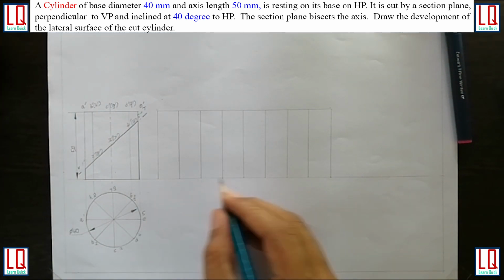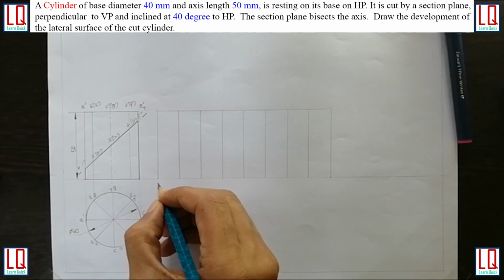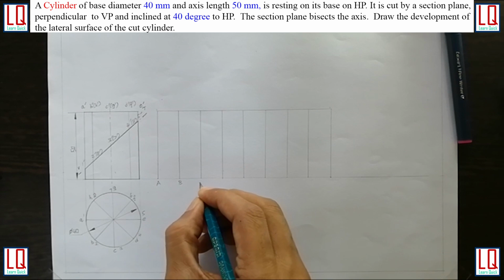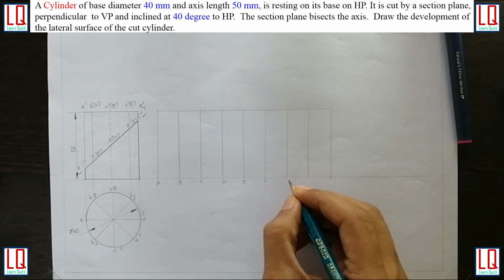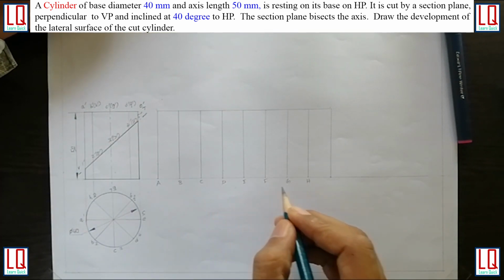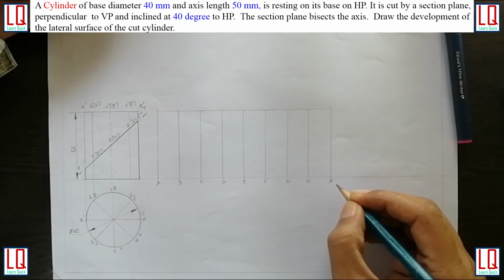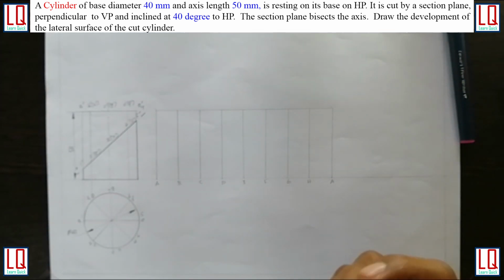So now we are going to name these. Okay. We are going to start from the left. So this will be my capital A. And this is capital B, capital C, D, E, F, G, H. So A, B, C, D, E, F, G, H, and the next letter will again be A. Why we are naming it A again is that when you fold it and make it a cylinder, these 2 points will become 1.